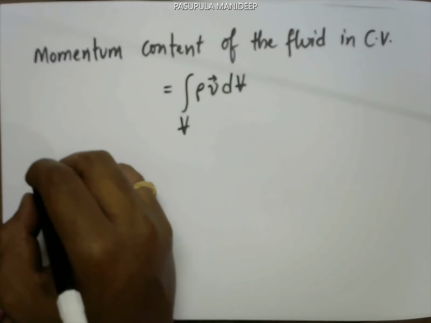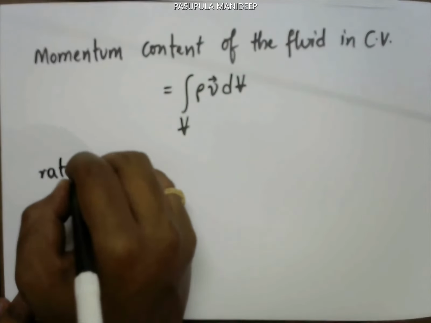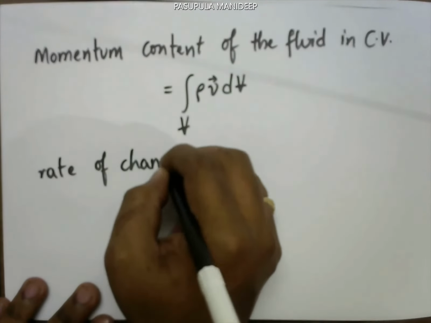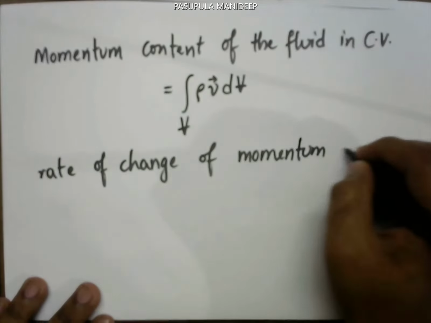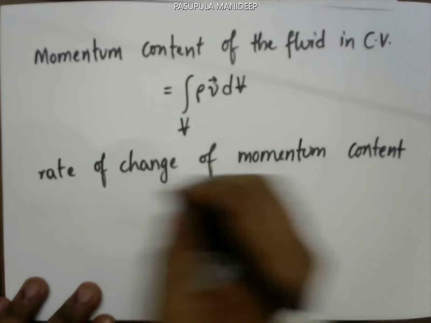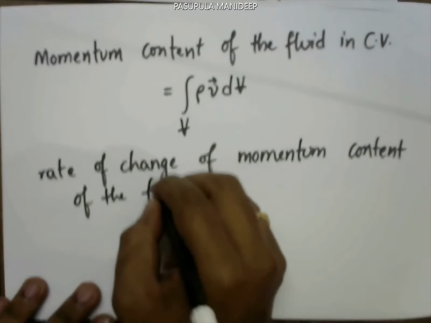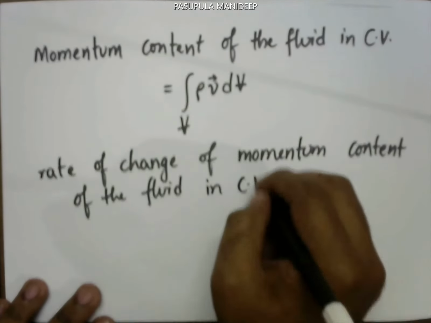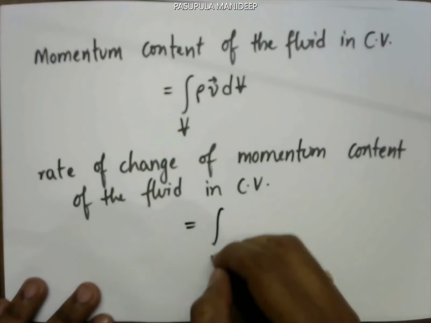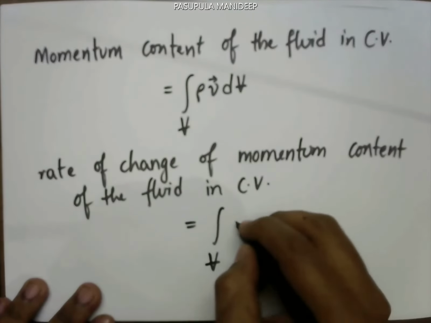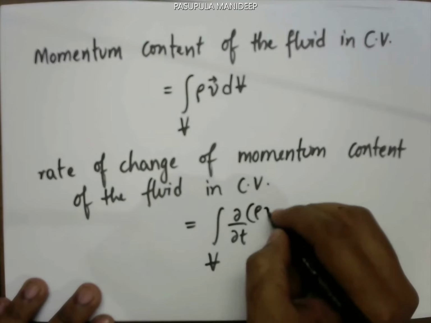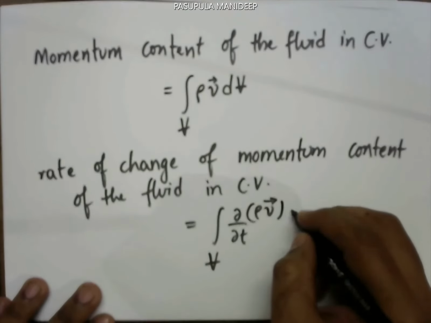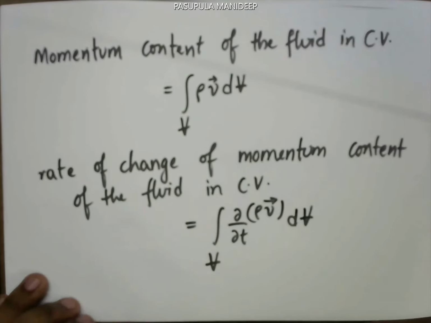So we can write the rate of change of momentum content of the fluid in the control volume as the integral of del by del t of rho v bar dV, where t is the time.